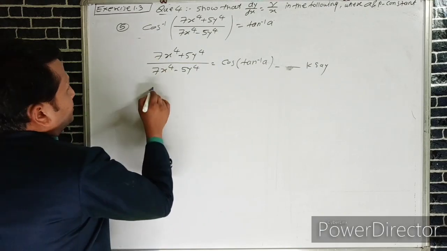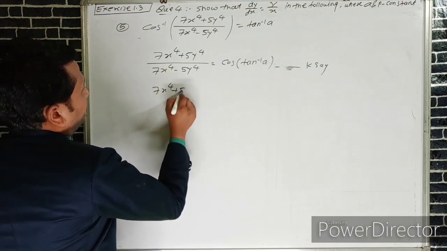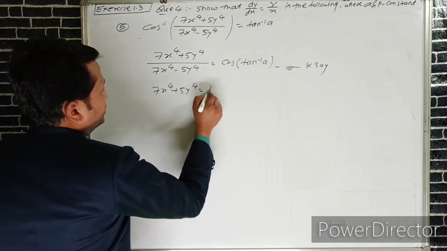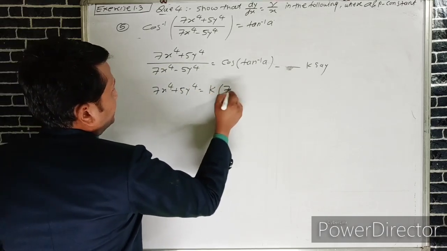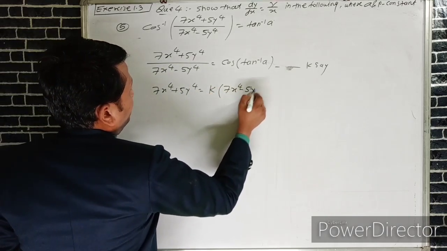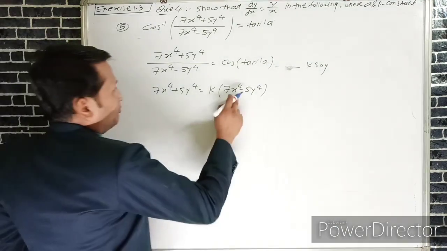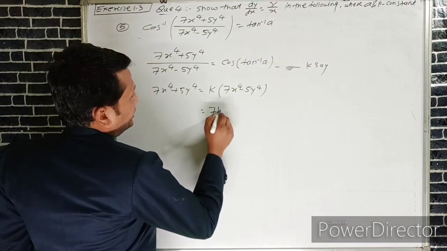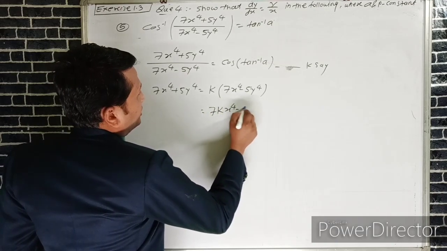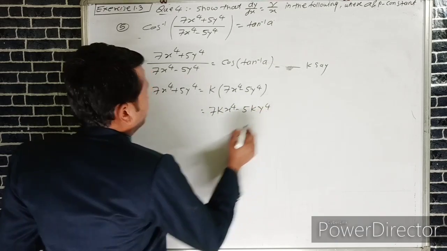Now 7x raised to the power 4 plus 5y raised to the power 4 is equal to k into (7x raised to the power 4 minus 5y raised to the power 4). If we multiply this k into the bracket, we can write 7k x raised to the power 4 minus 5k y raised to the power 4.